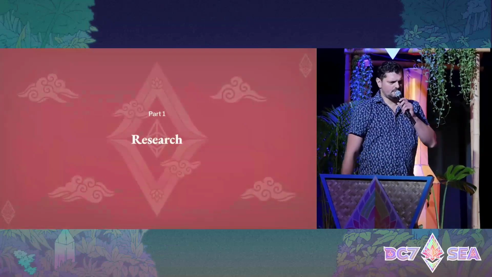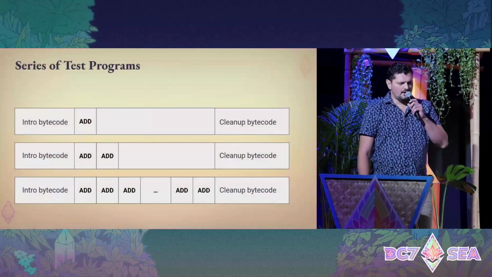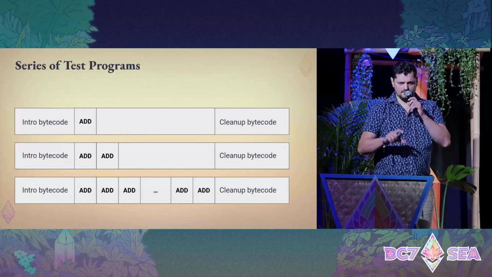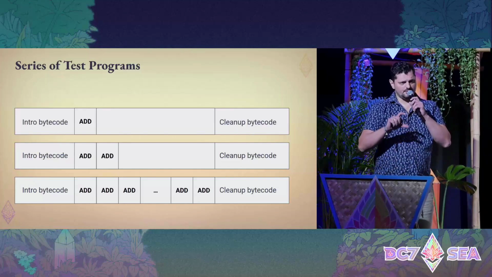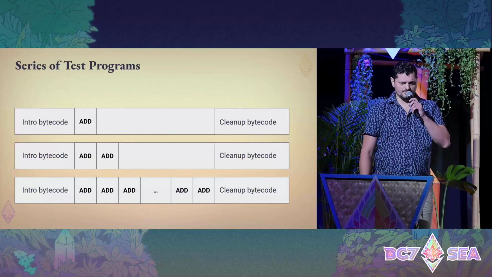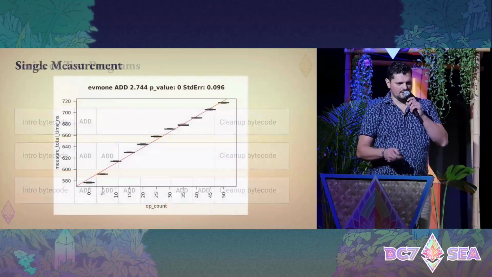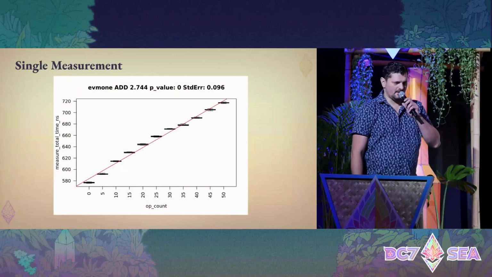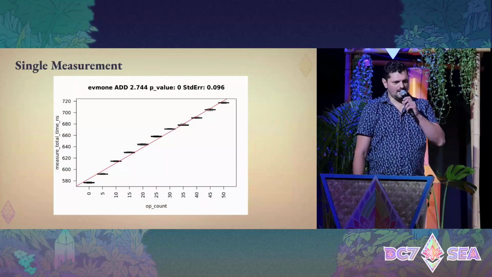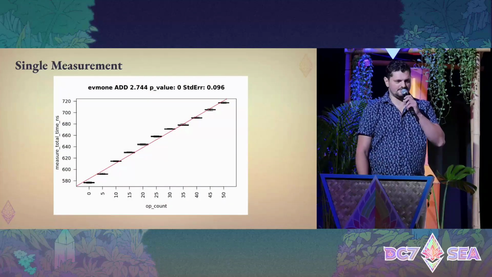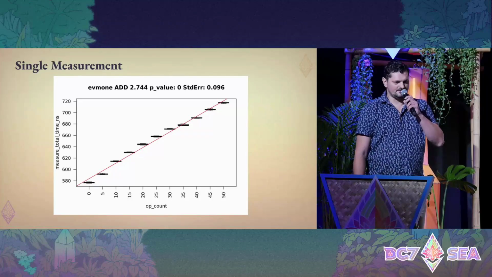So what we did, for each opcode, we created a series of bytecode programs where we test the opcode under different conditions and a different number of times we execute each opcode. We can see that by increasing the number of times we execute each opcode, the total time to execute increases as well.